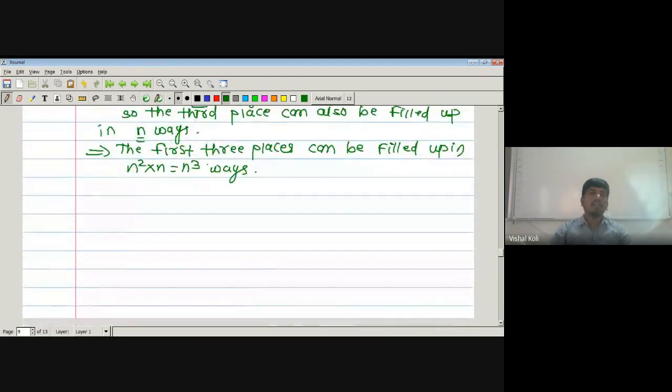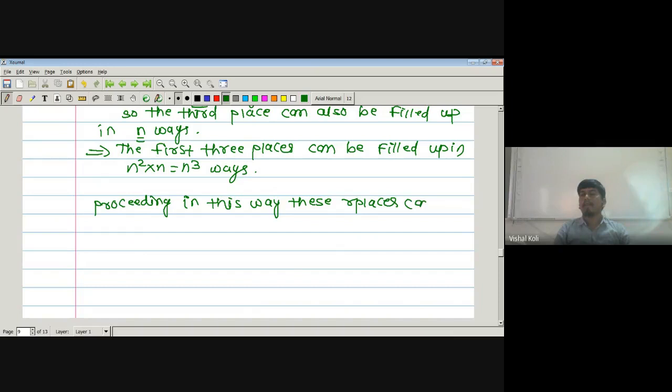Now proceeding in this way, the r places can be filled up in... The first place can be filled up in n ways, the second place in n into n ways, the third place in n into n into n, that is n cube ways.